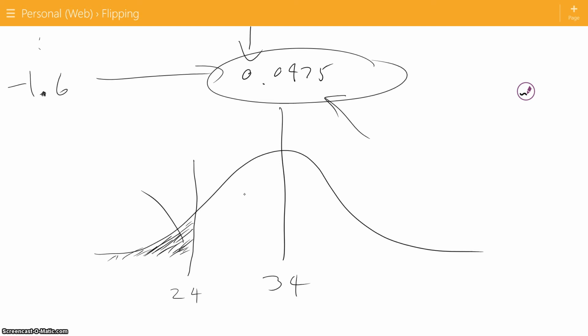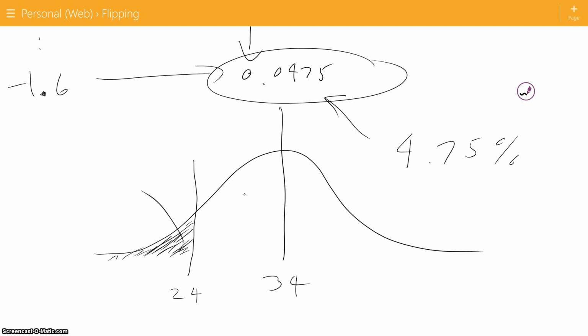Okay, and 0.0475, that's the same thing as 4.75%, right? So we could say that about 4.75%, or just shy of 5%, watch about as much television per week as I do. Okay, assuming that all of our data there is accurate. And that's it. That's how we use our z-score.